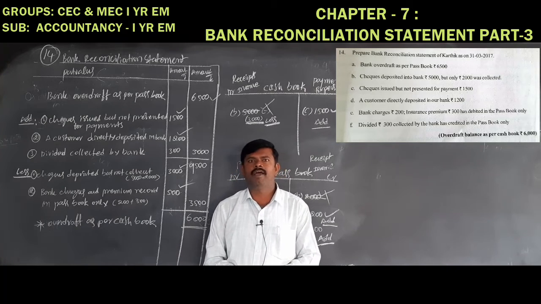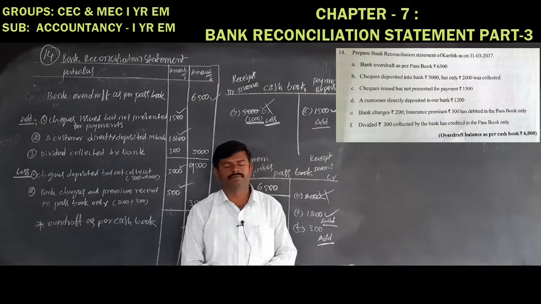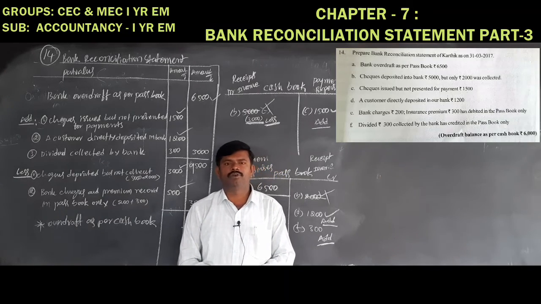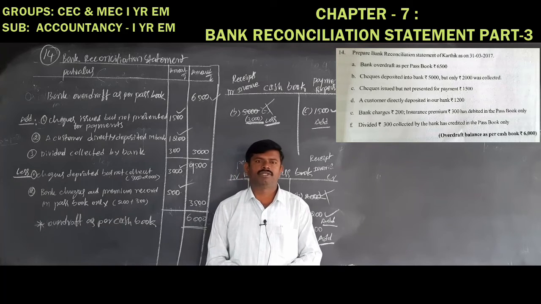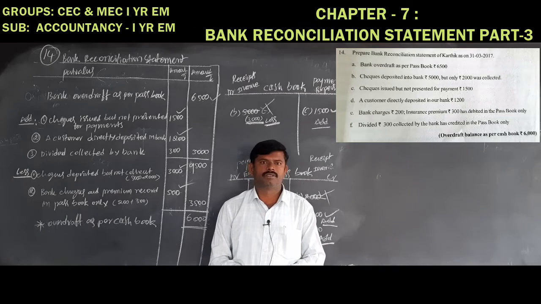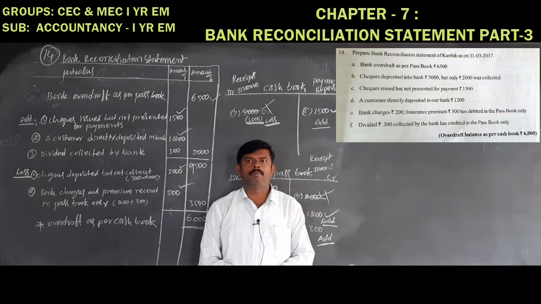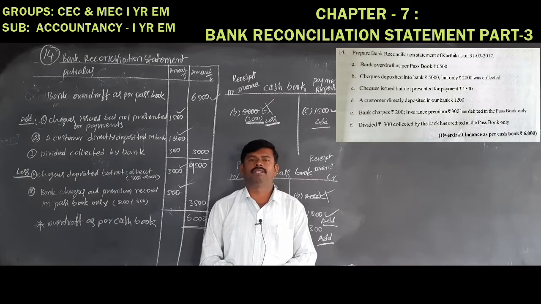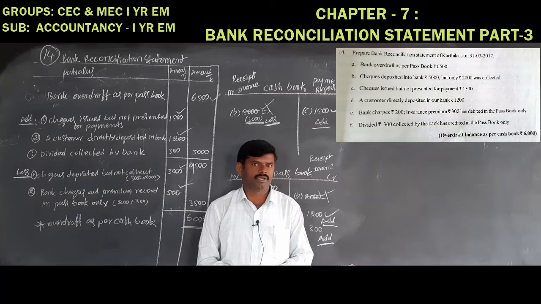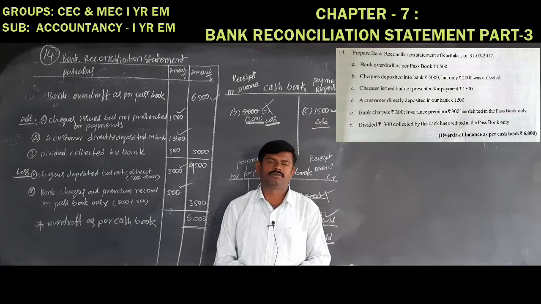We identify them on the basis of the starting point. Any transaction in the cash book or passbook on the starting point side must be under less items. Any transactions in the opposite direction of the starting point, in the cash book as well as the passbook, are in add items. Remember one thing.